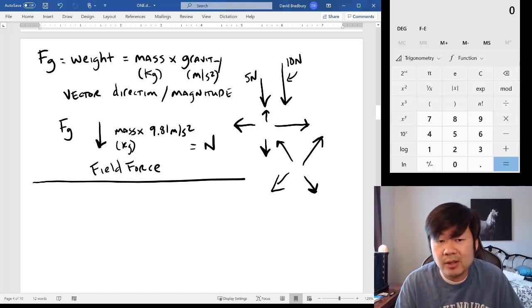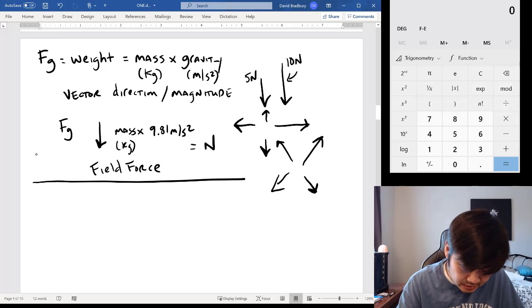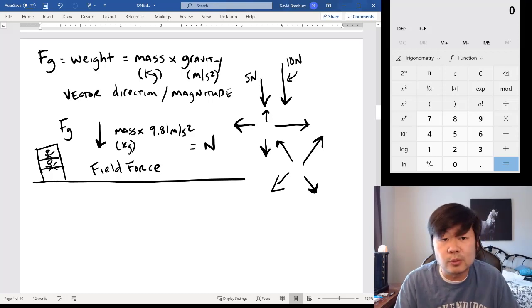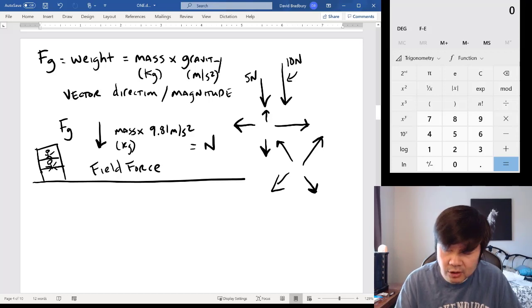If you're in a building, this is the one I like to use, and you have floors there and you're on the top floor, force gravity still affects you. If you're on the second floor or the first floor, whatever you want to call it here, force gravity still affects you because it goes through it. That's why it's called a field force. There are other field forces, electrostatic, magnetic, but I don't think we'll be discussing those.